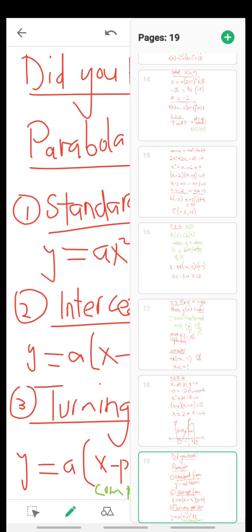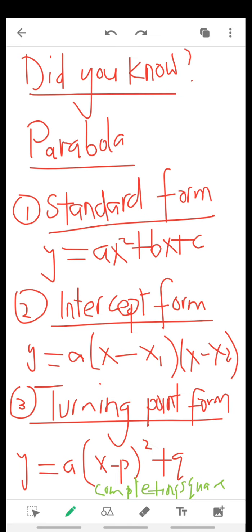Now, lastly, I think I've already discussed this. You need to make sure you understand that a parabola has three forms that you can write it in, depending on what is given. There's a standard form, there's an intercept form, and a turning point form. With the standard form, we can give you a point that lies on the parabola as well as maybe the y-intercept.